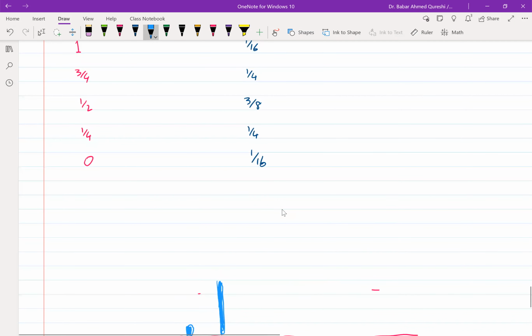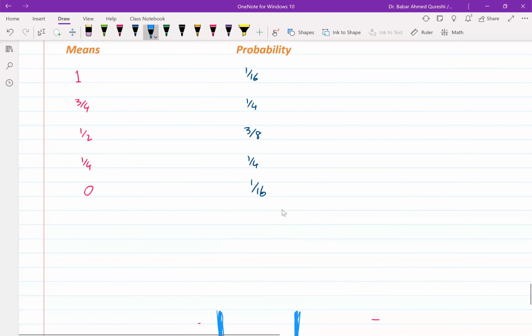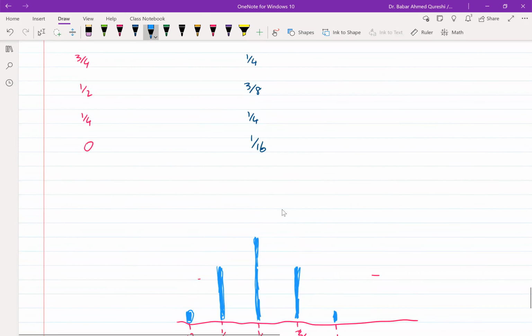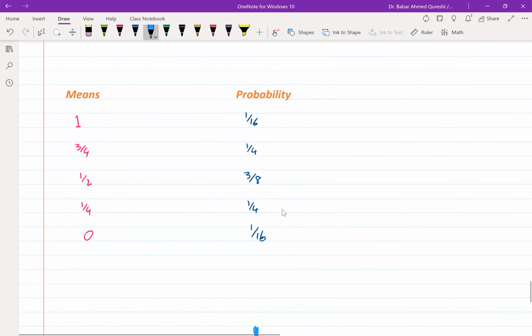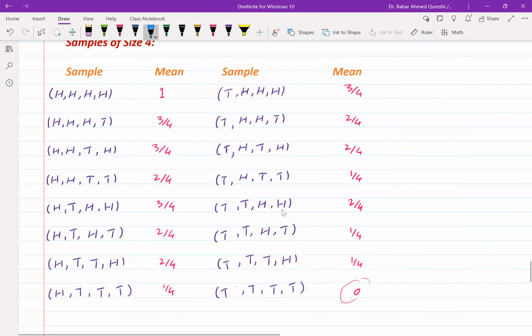And 3 by 4 also has the same. 1 has, again, 1 by 16. While half has 6 by 16. So I have drawn the probability distribution of the sample means for samples of size 4.